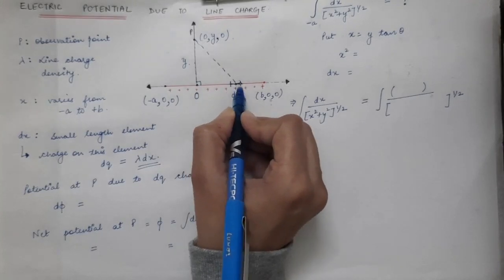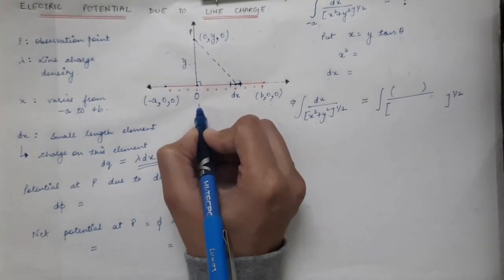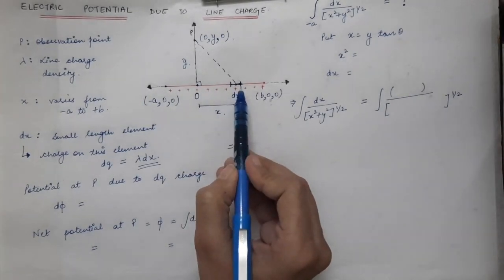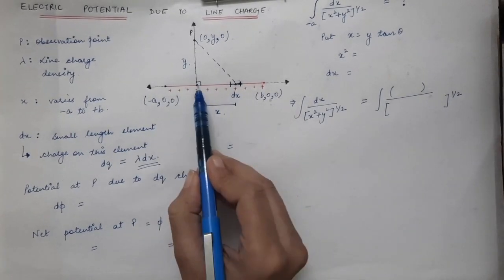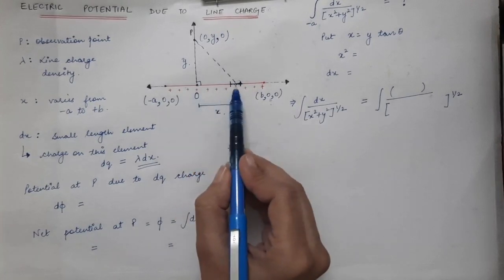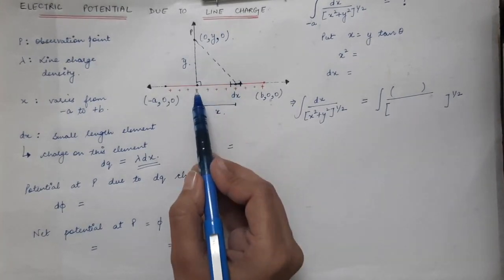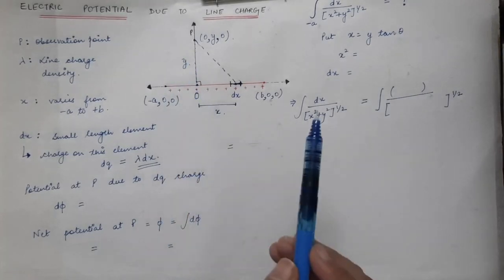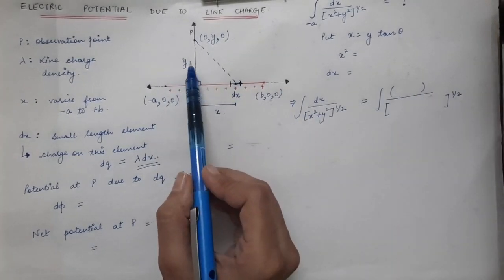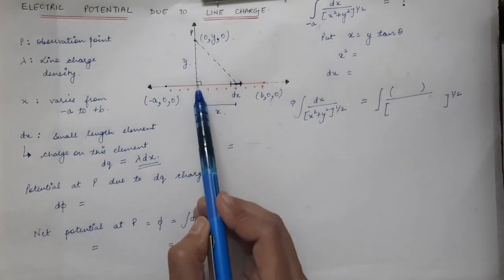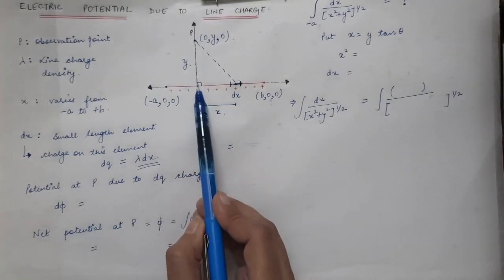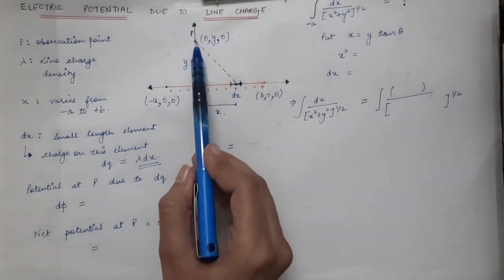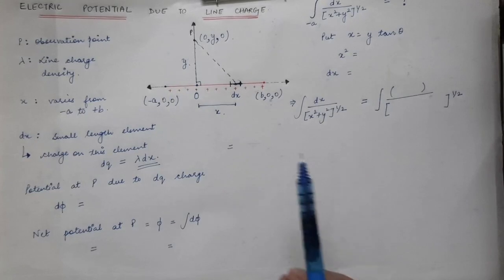Now this small length element is taken at a distance of x from the origin. So this is x length and this is y length. Keep in mind, this y length will be constant throughout the derivation because y is the distance of the observation point from the line charge. It is the perpendicular distance and it will remain the same throughout the derivation.